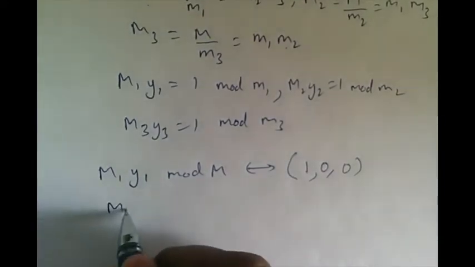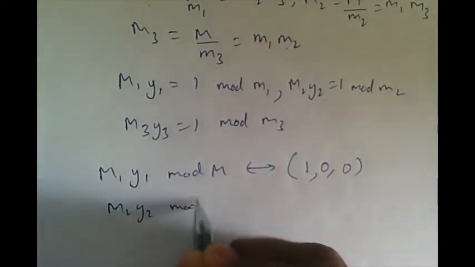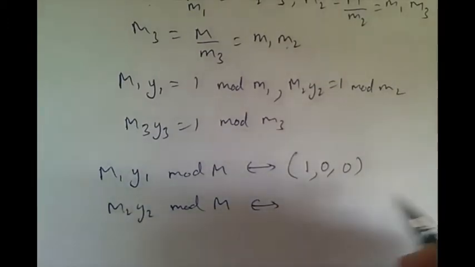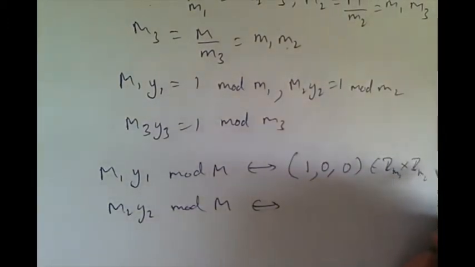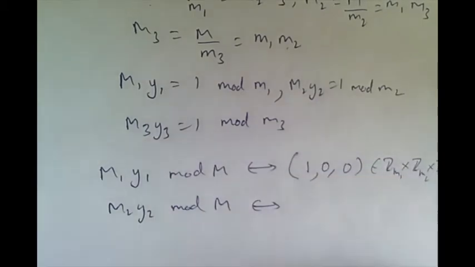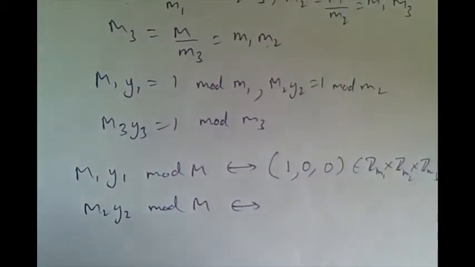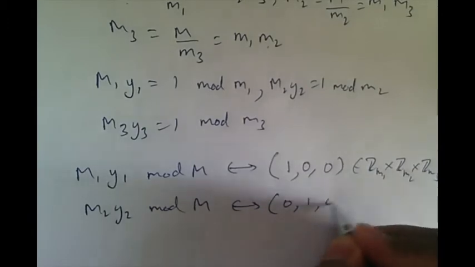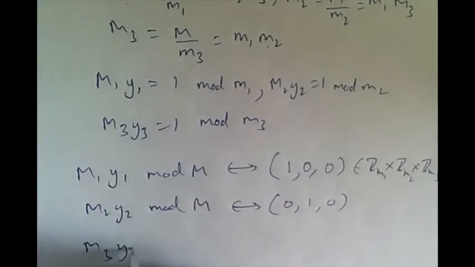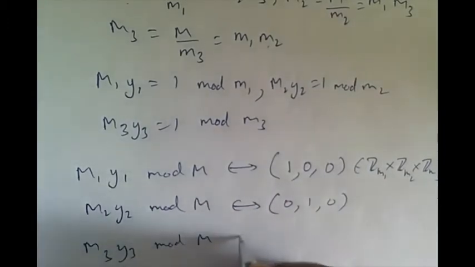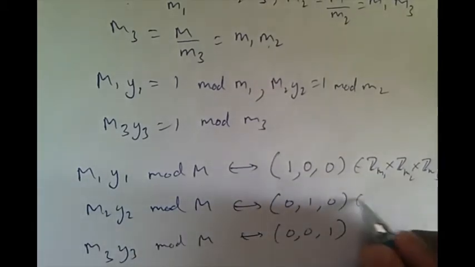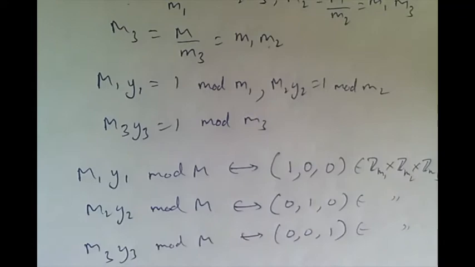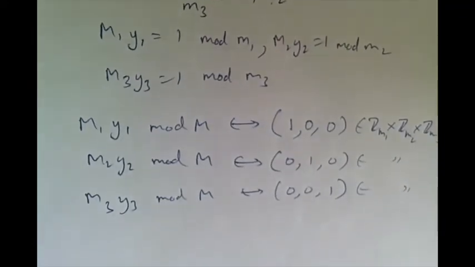So similarly, M2 y2, in Z_m1 cross Z_m2 cross Z_m3, will be congruent to (0, 1, 0), and M3 y3 will be congruent to (0, 0, 1) in the same group there.